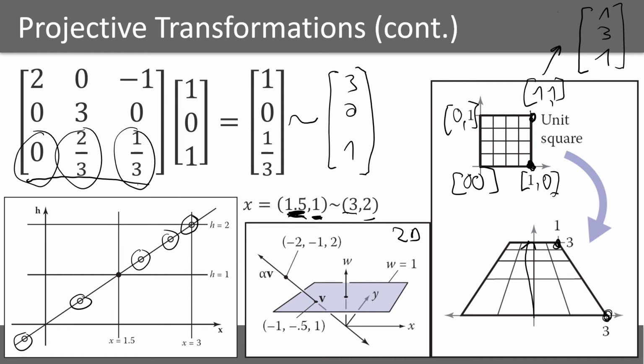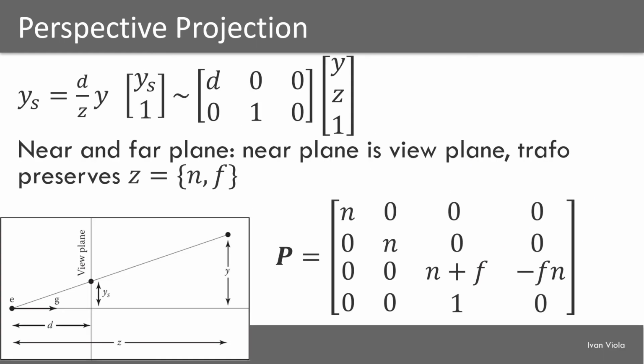Okay, so this will be a powerful machinery for our perspective projection. Let's come to this one-dimensional example, which we had from the previous slide. And we see that our point's ys coordinate can be calculated through multiplication of these matrices. So d times y plus 0 times z plus 0 times 1 is dy here. So this multiplication will be equal to dy.